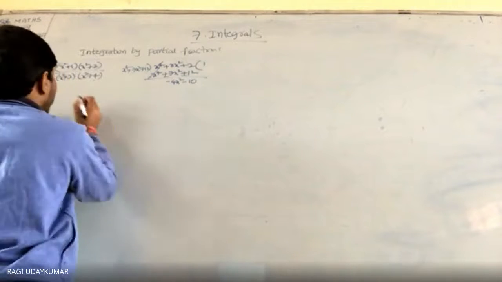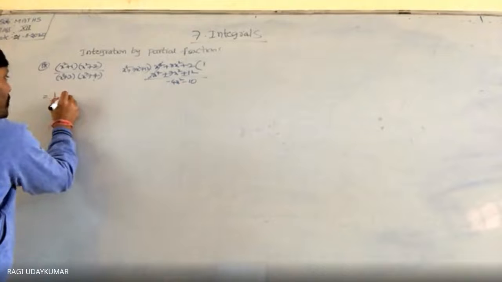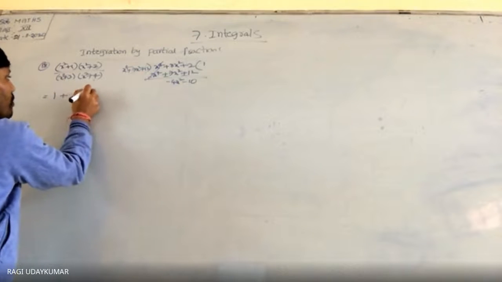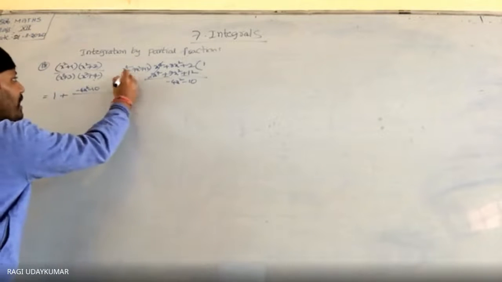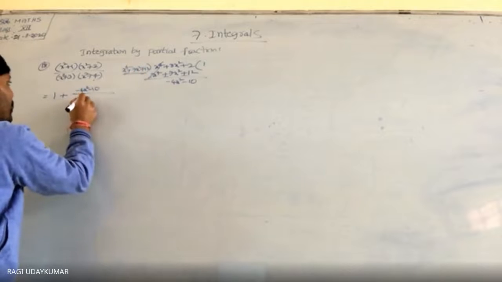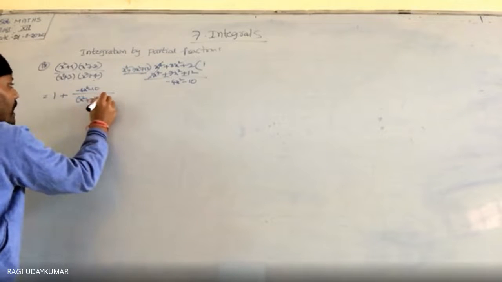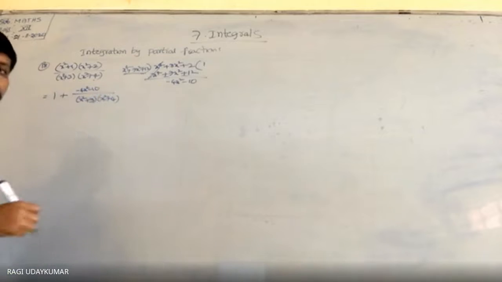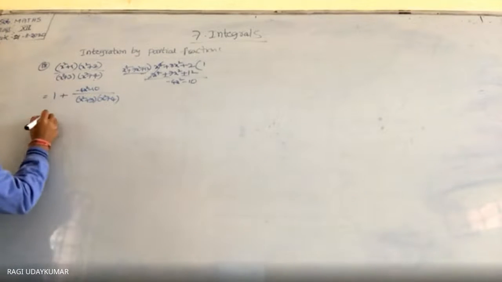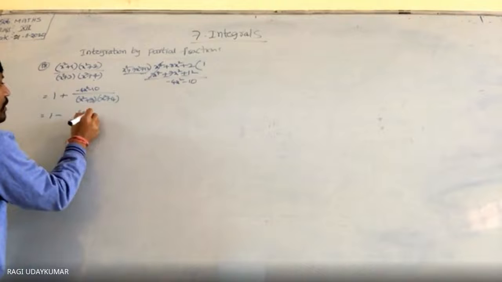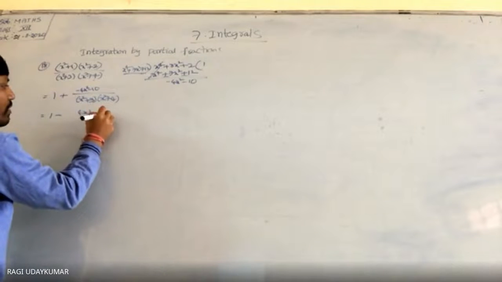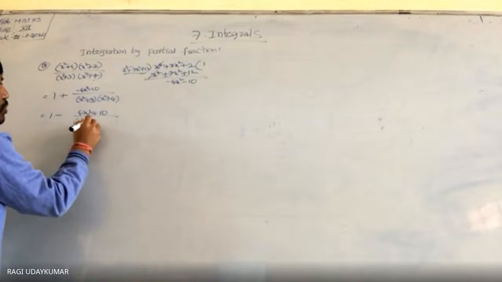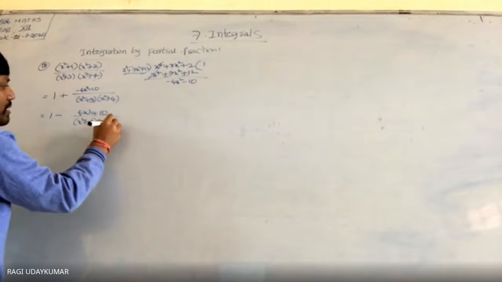So we are going to get 1 plus minus 4x square minus 10 by the denominator, which is x square plus 3 into x square plus 4. Taking minus common, 1 minus 4x square plus 10 by x square plus 3 into x square plus 4.